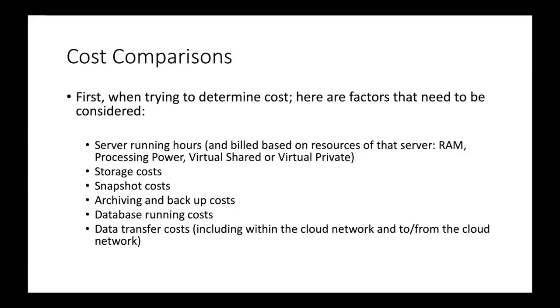So with cost comparisons, the thing that you want to do when you're trying to figure out what the costs are, they're usually in these main buckets. You have your server running hours, which essentially is how long do you need the server running per day, per week, per month. Most people have servers running 24/7 because they need constant access.